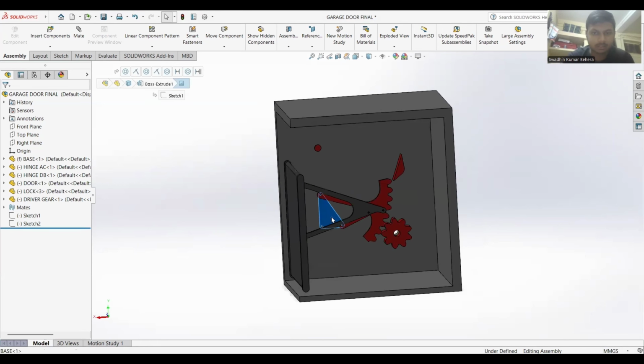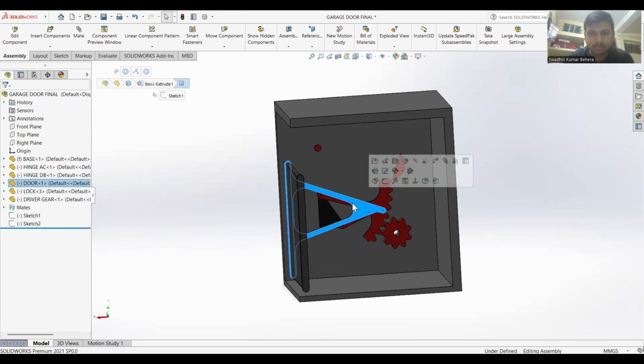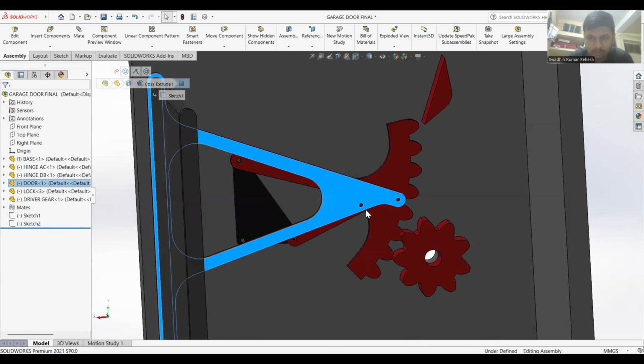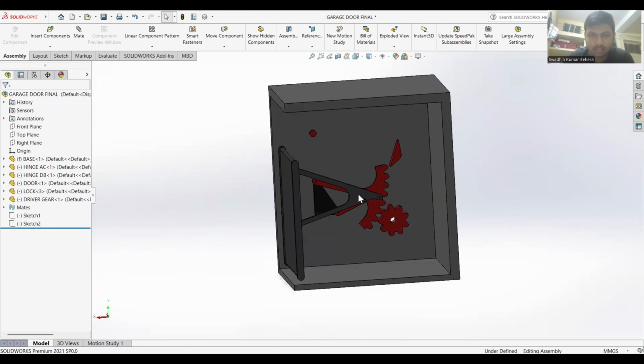Here you can see there is a base link, and this is another link. This is one link, and this is a link with its joints from this point to this point, and we have extended it to give a feel of a door.